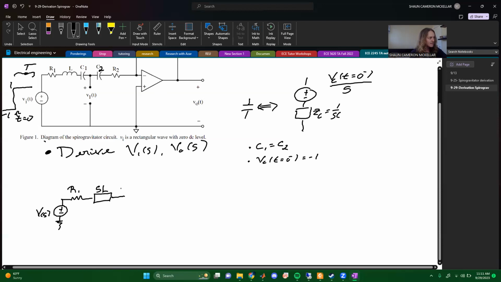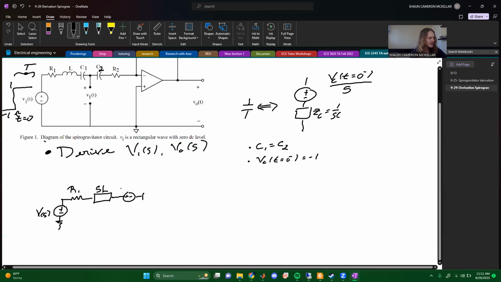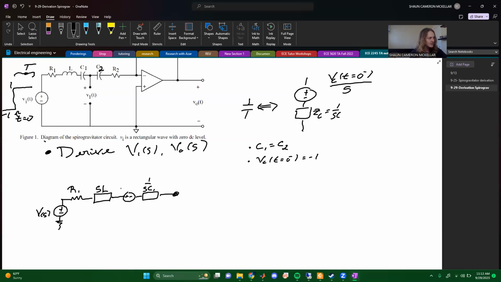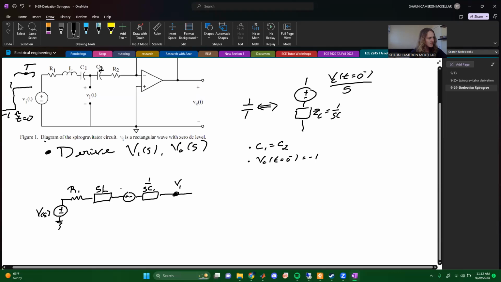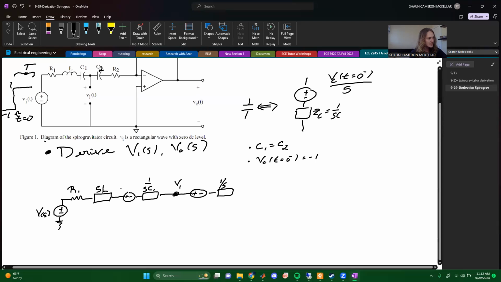Then we have our first voltage source from our first capacitor transform, then our capacitor 1 over SC1, and our node V1. We have our second voltage source plus to minus, then our second capacitor 1 over SC2, then our resistor R2, and the negative terminal of our op amp.